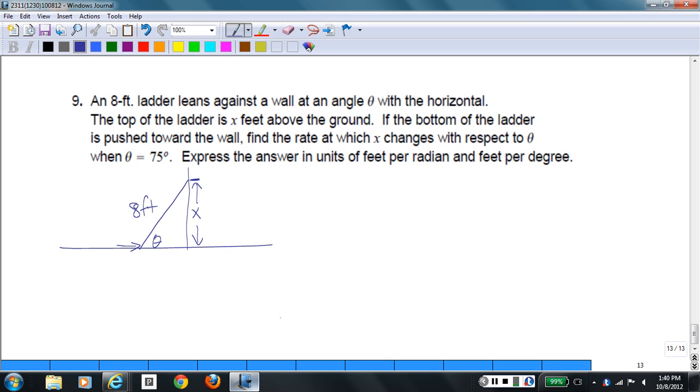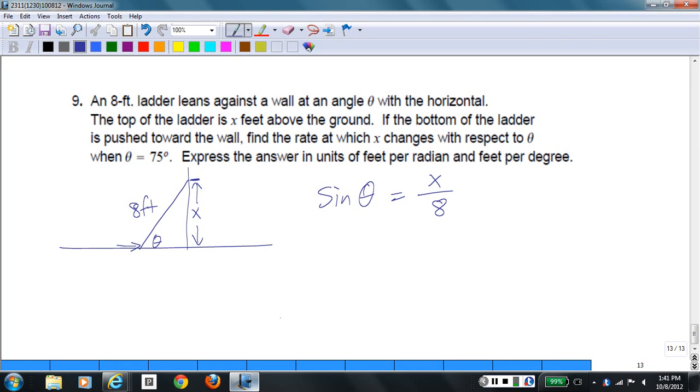So can we write the relationship among the quantities x, theta, and 8 using a trigonometric function, perhaps? We have the side opposite theta, and we have the hypotenuse. So you think sine theta equals x over 8, just like that.